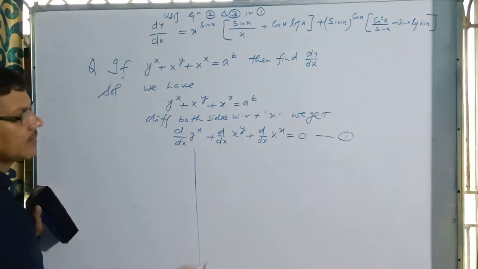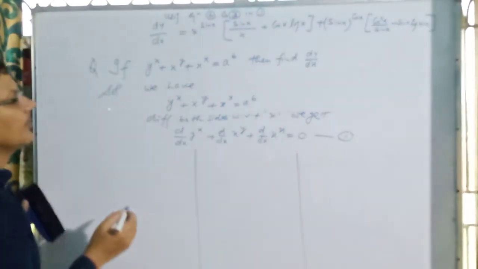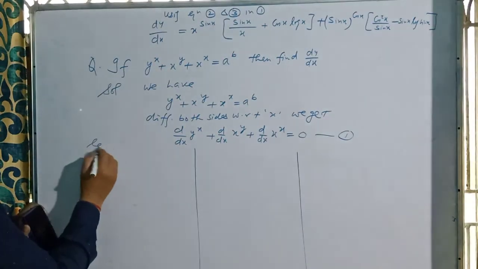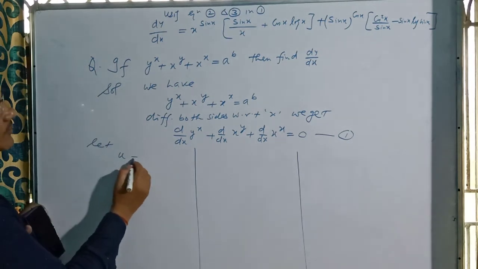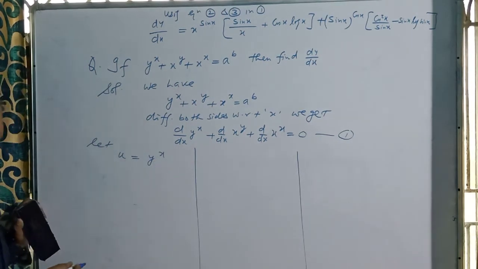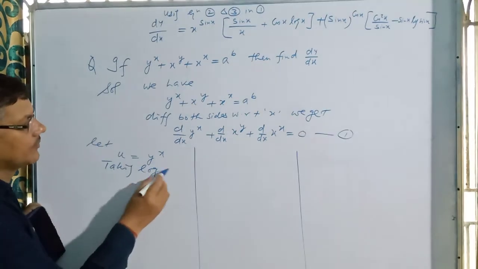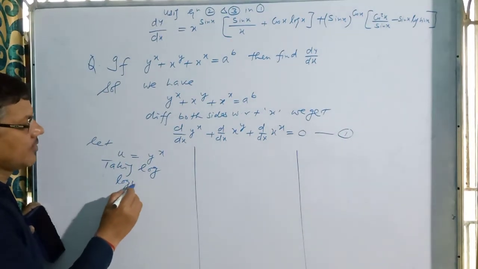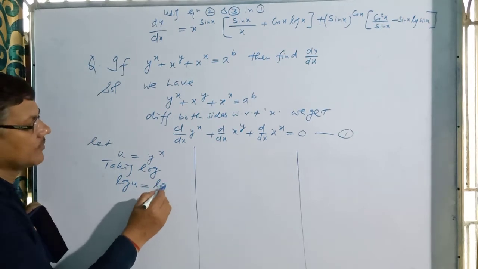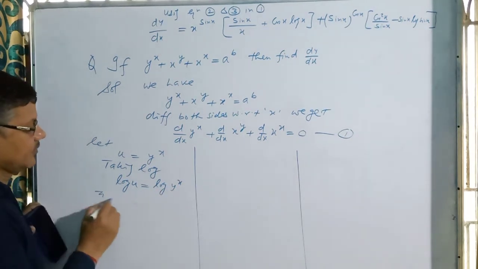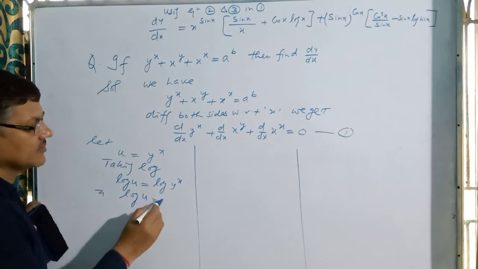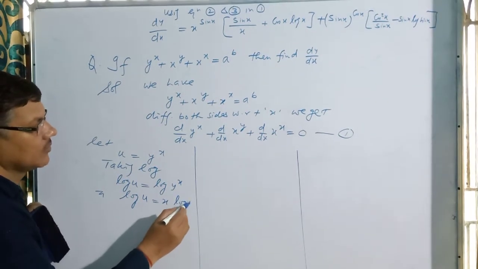So to get the derivative of y power x, that is very simple, let u is equal to y power x. Then taking log, we get log of u equal to log of y power x. It implies log of u is equal to x log y.